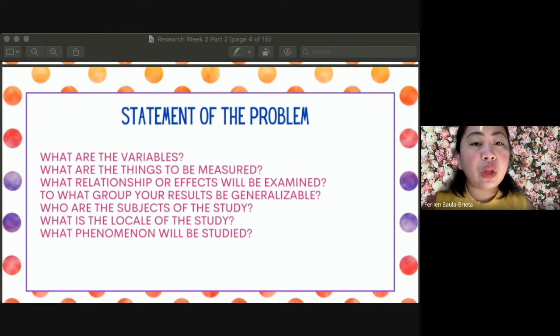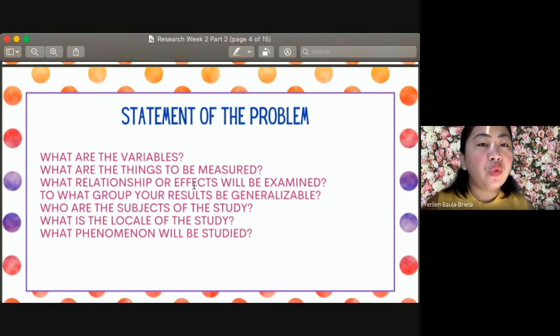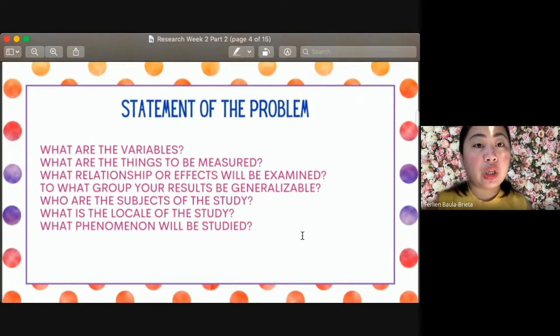With the specific objectives that we will do, what are the things that we need to include? What are the things that we need to write in our statement of the problem? Here we have the different questions that you need to answer for you to be able to formulate accurately the statement of the problem.